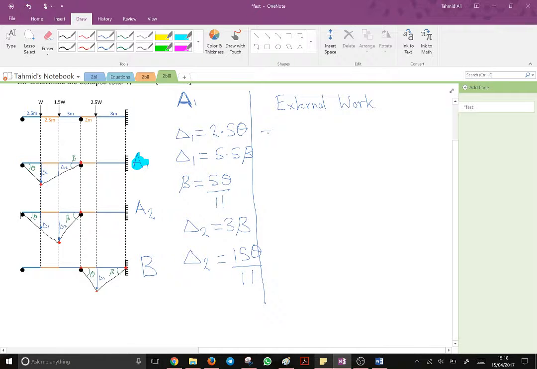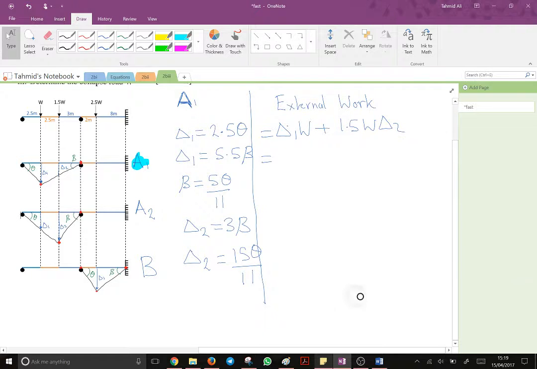So external work is going to be equal to delta 1 times W plus 1.5W times delta 2. And when you add all of this together, since we know what delta 1 is and we know what delta 2 is from the previous part of the question, we can just sub them in.